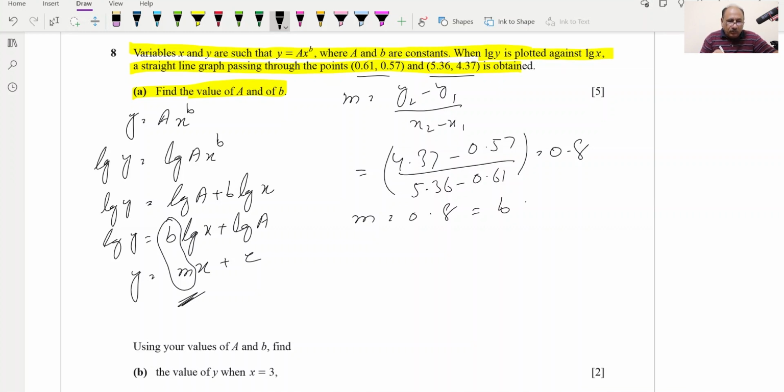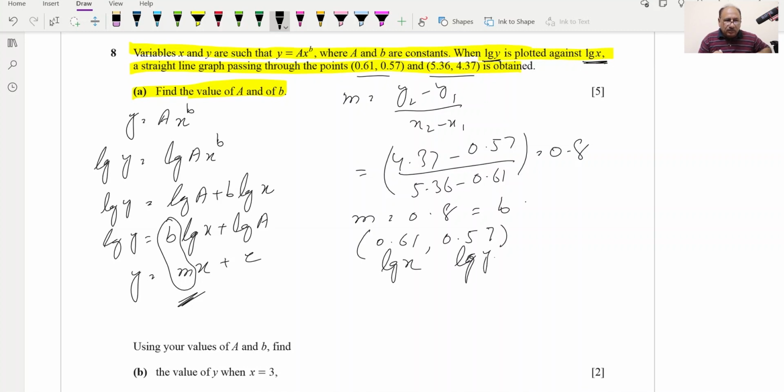Now if we check the point 0.61 and 0.57, this is basically when log y is plotted against log x. So this x value is basically log x value, and this will be log y value.